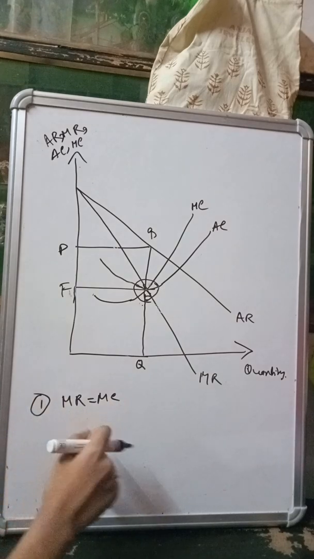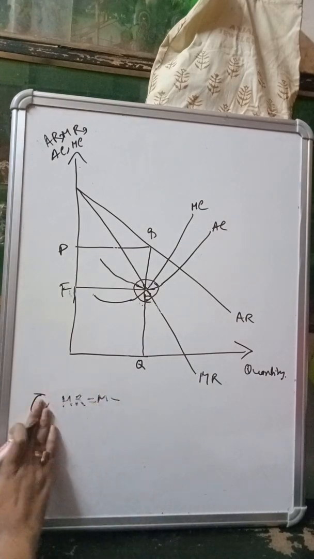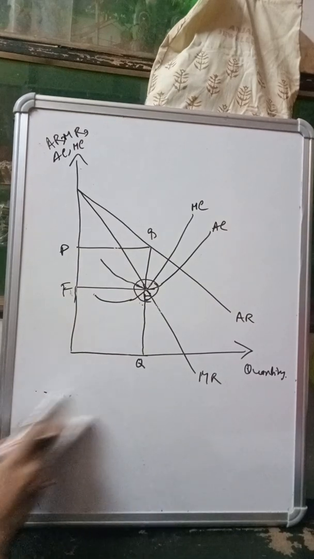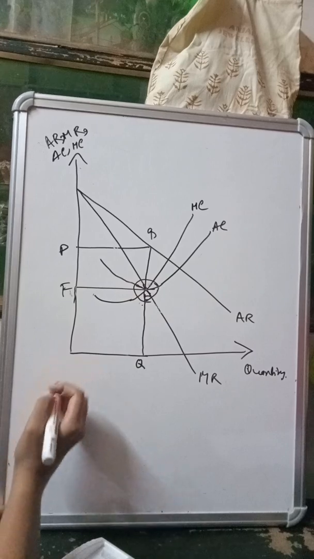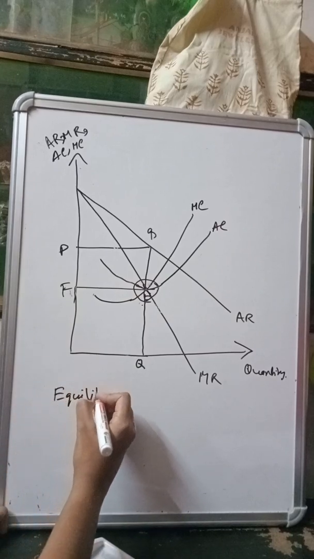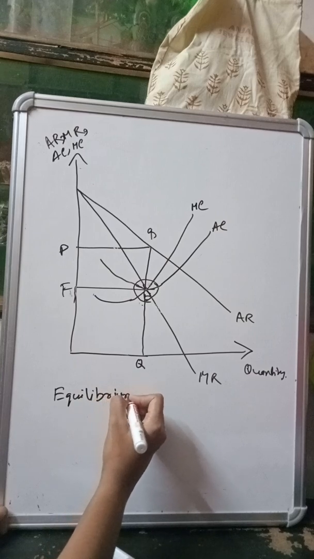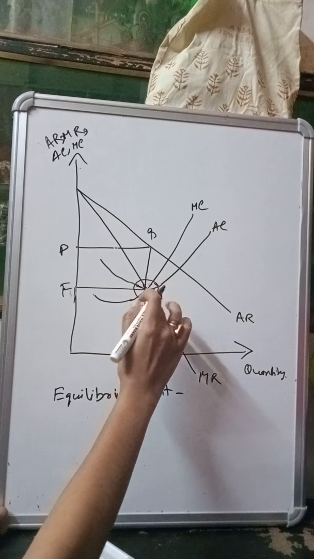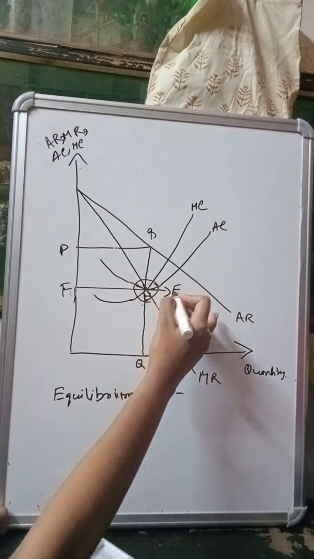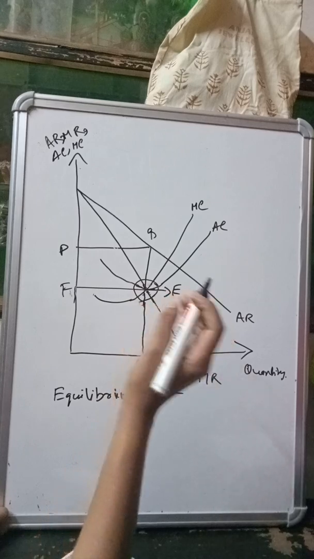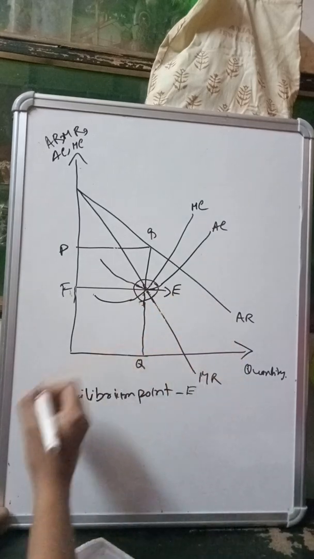So in the given figure, the equilibrium point is E. Equilibrium point is E, right?